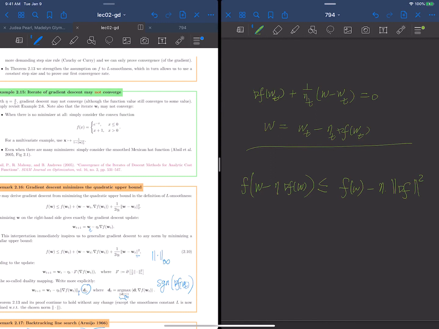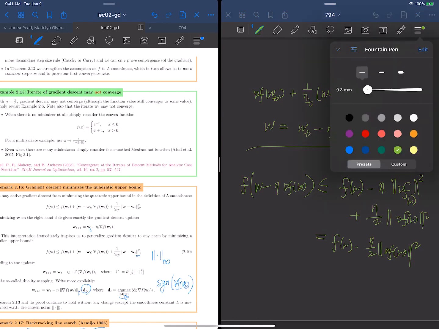And in the last term, we're going to get eta squared over 2 times the gradient squared. Okay, and if you combine the last two terms, you get eta over 2 times eta minus 1, times the gradient squared, right?